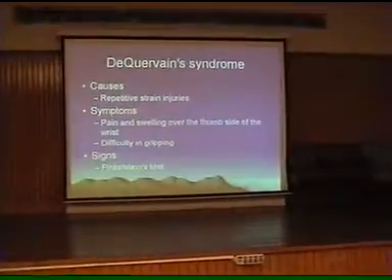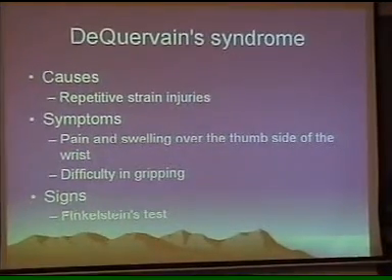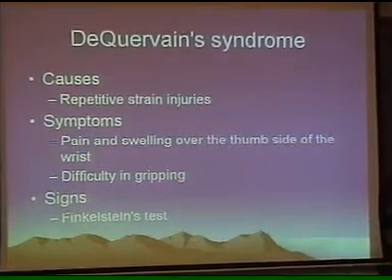So the pathology I've just discussed. The cause, as I told you, is repetitive sprain injuries. Symptoms are again pain and swelling over the thumb side of the wrist, and difficulty in gripping. Next please.